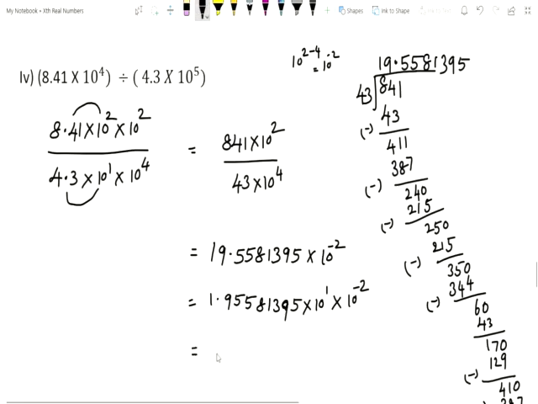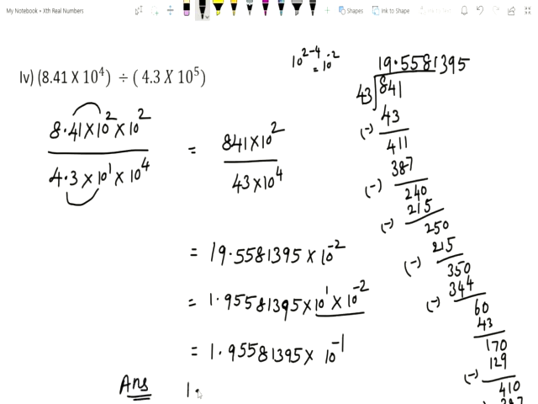So now 1.955811395 into 10 power, here multiplication with same base, so add the powers, 1 minus 2 will get minus 1. So this is the answer. While dividing this, what are you getting? 1.955811395 into 10 power minus 1.